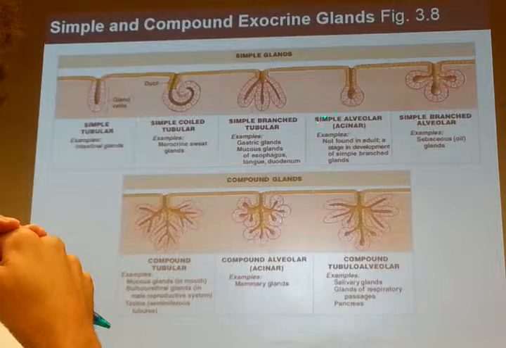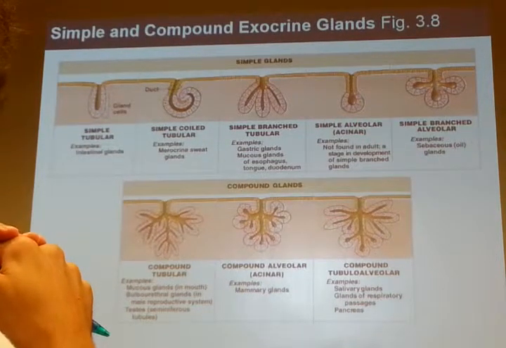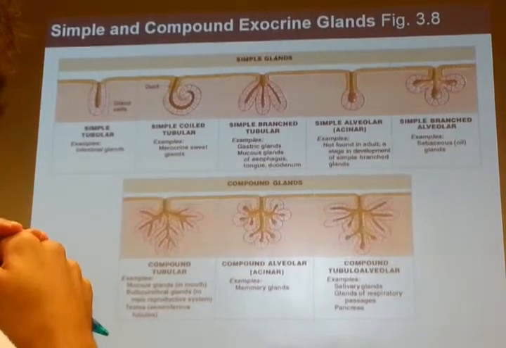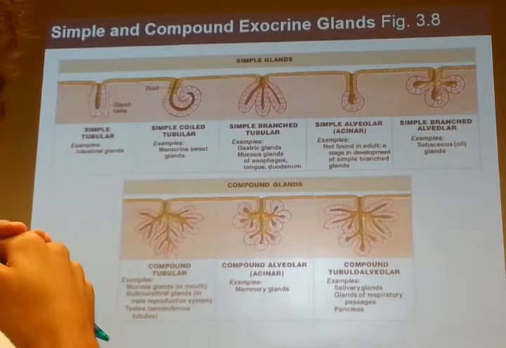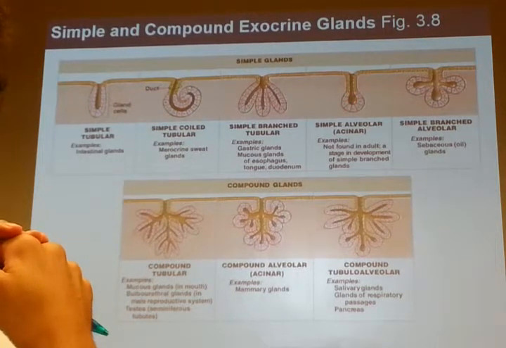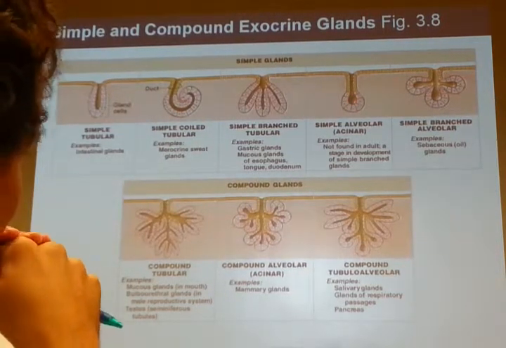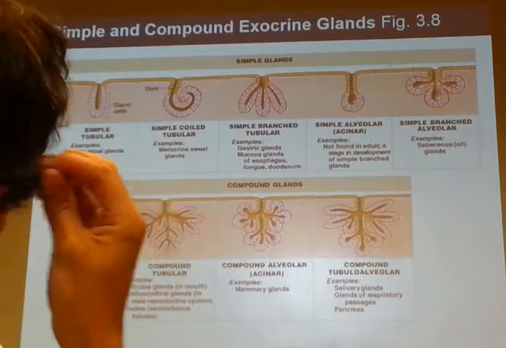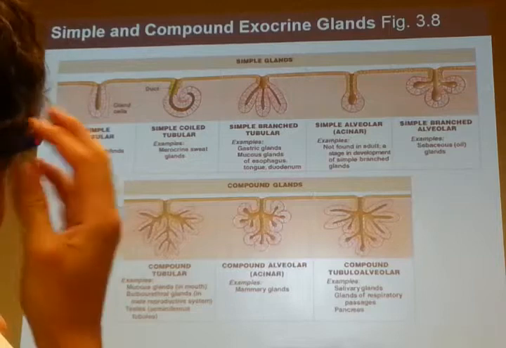Okay, so simple alveolar. What is an alveolus? It is a grape-shaped ball of secreting cells. So round shape. So one ball of secreting cells secreting into one duct. It's a simple alveolar gland, also called acinar.